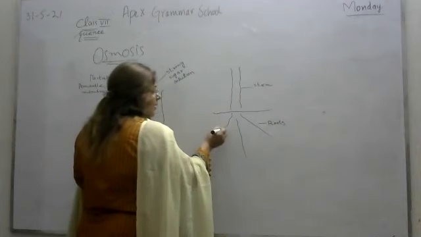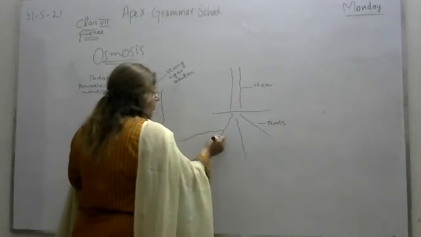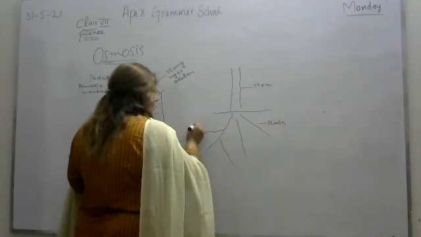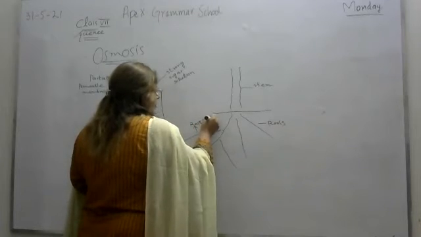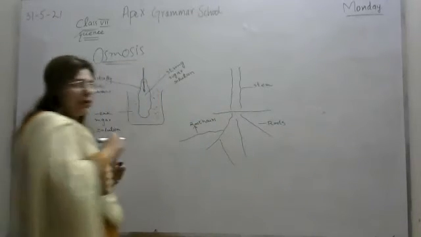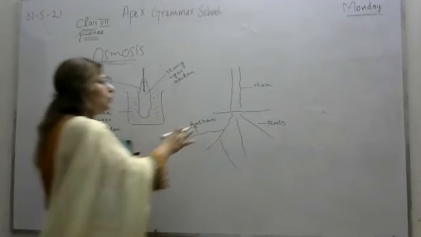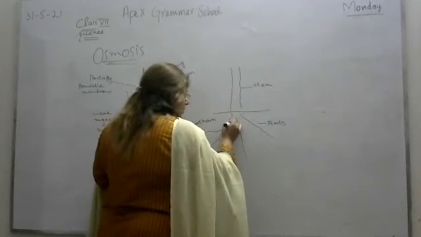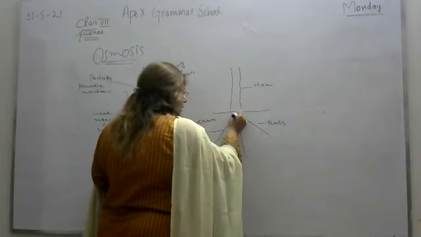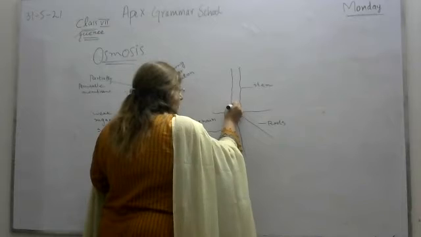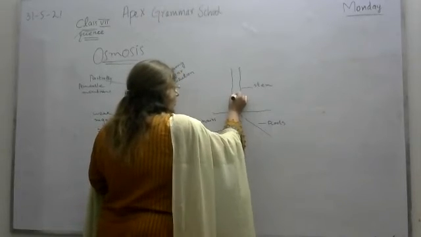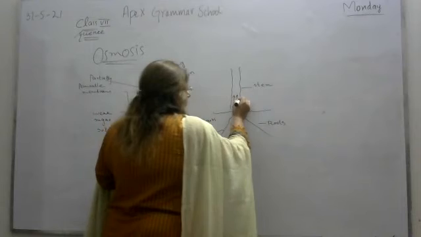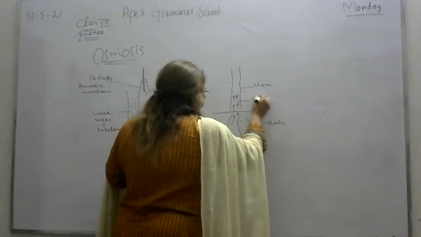Definitely it will be in the roots, because the roots are further divided into root hairs. So a higher concentration of water will be in the roots. This water should go upward. How will this water go upward? It will go up with the help of xylem tubes.